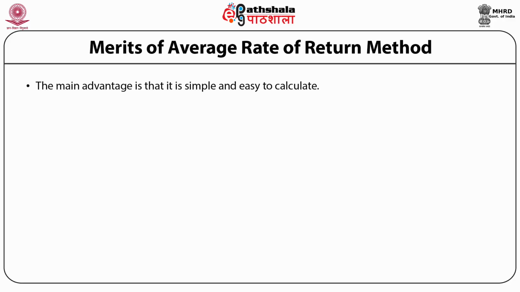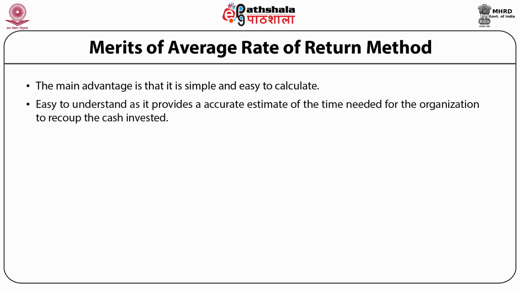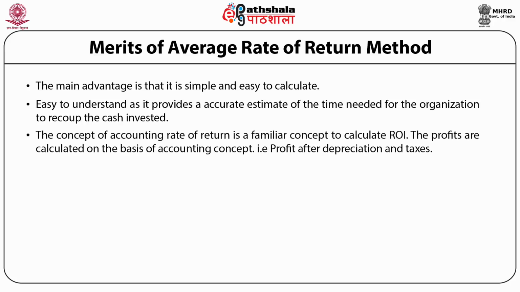The main advantage is that it is simple and easy to calculate. Number two, easy to understand as it provides an accurate estimate of the time needed for the organization to recoup the cash invested. Number three, the concept of accounting rate of return is a familiar concept to calculate return on investment, called ROI.